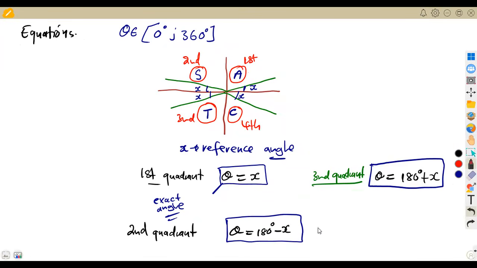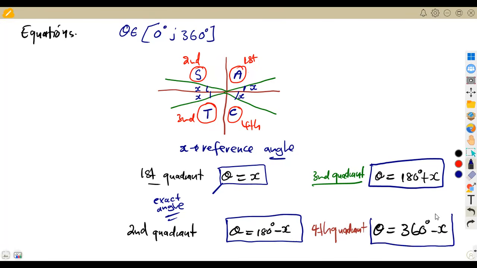All right, then in the fourth quadrant, theta is going to be given as 360 degrees minus X in this case.